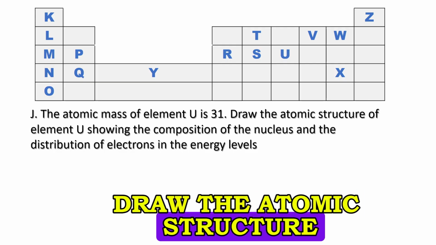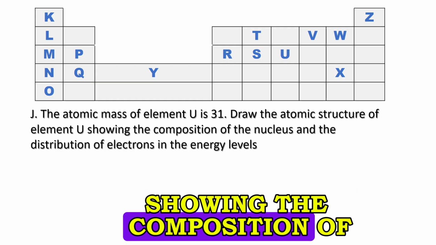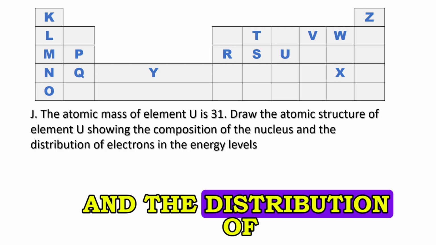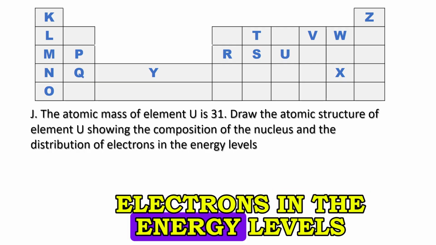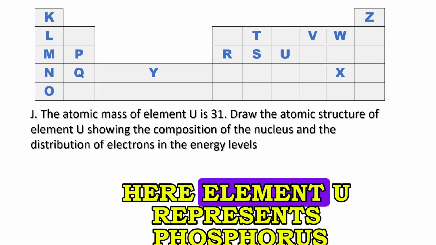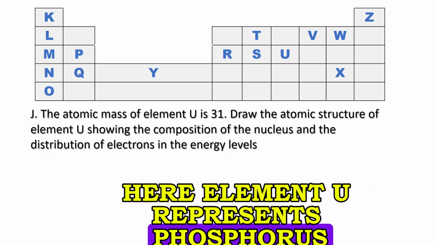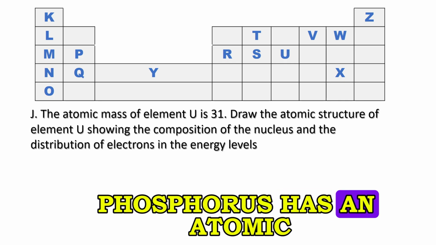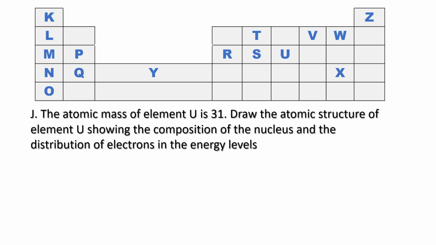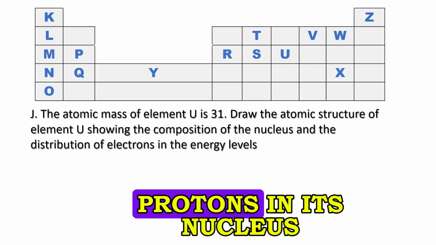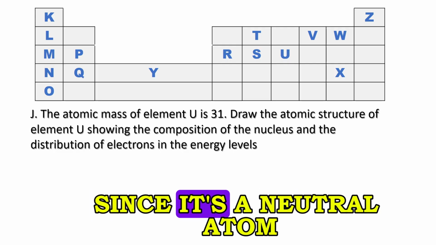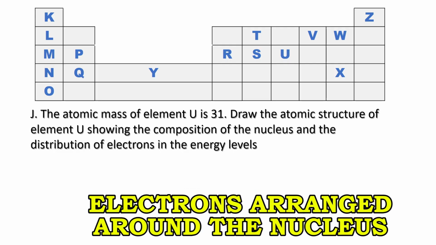Draw the atomic structure of element U, showing the composition of the nucleus and the distribution of electrons in the energy levels. Here, element U represents phosphorus. Phosphorus has an atomic number of 15, meaning it contains 15 protons in its nucleus. Since it's a neutral atom, it also has 15 electrons arranged around the nucleus.